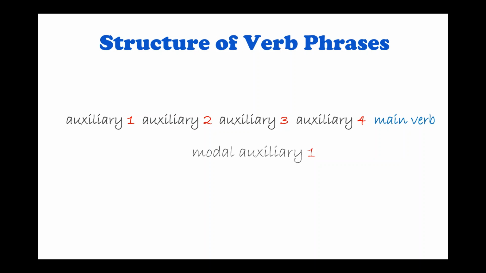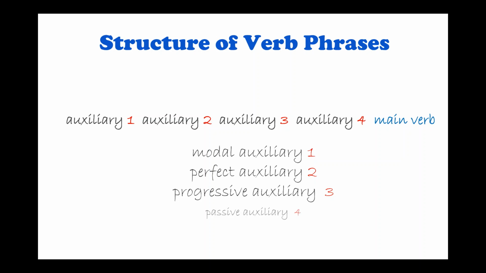According to that order, the modal auxiliary should be the first auxiliary, and the second auxiliary should be the perfect auxiliary, and that is have. The perfect auxiliary is have. The third auxiliary should be the progressive auxiliary, and the fourth one should be the passive auxiliary, and this is the verb to be.